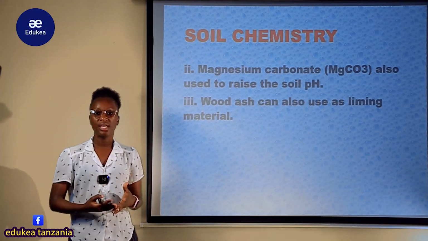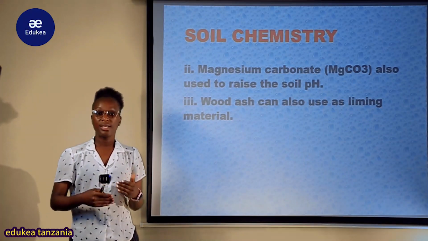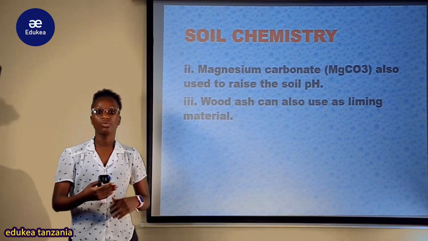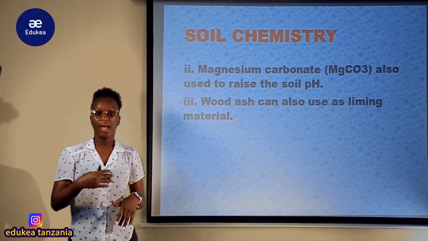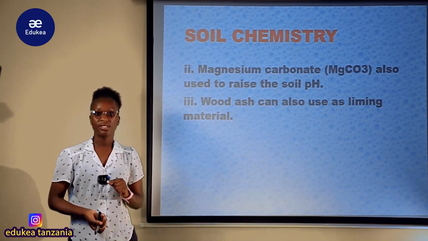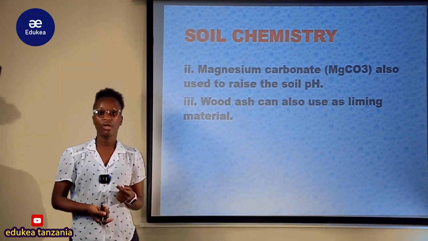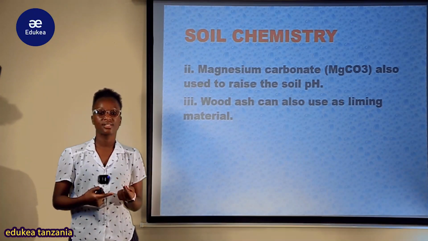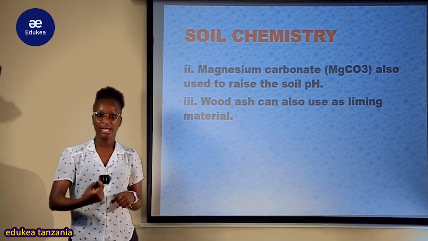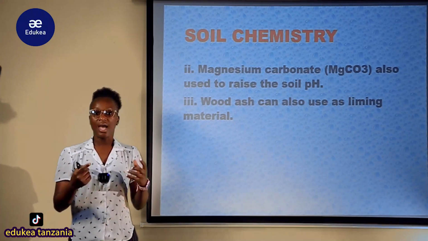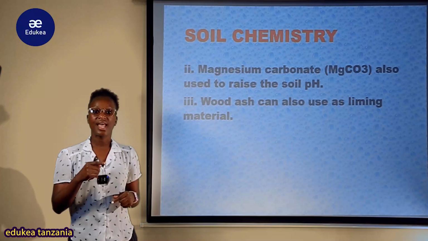The first aid anayoweza kupatiwa kwa wakati huo, au ushauri anaoweza kupewa, anaambiwa tumia majivu au lamba majivu, simply kwa sababu yale majivu ni base in nature, so yanaenda kuneutralize ile acid, excess acid ambayo imepelekea kile kiungulia. So anavyolamba ile majivu anafanya neutralization ya ile acid.